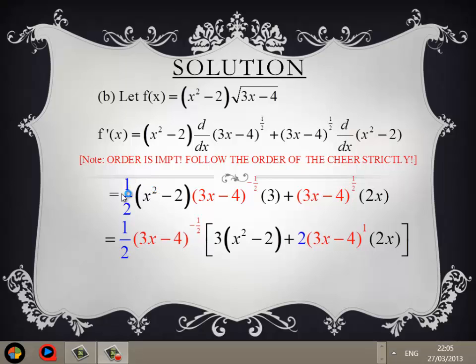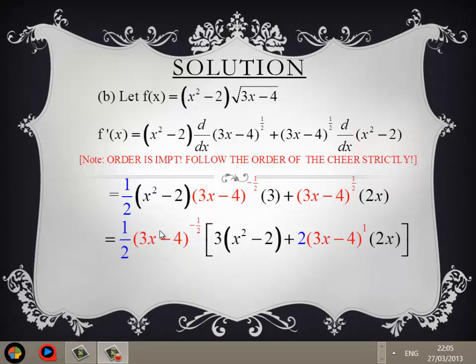So let's take a look at the first term. The first term, after taking out half and 3x minus 4 power minus half, I'm left with 3 times x squared minus 2. Adding. Now how about this? If you take out power minus half, what will happen? Recall our previous example on a power minus half adding on to a power half.